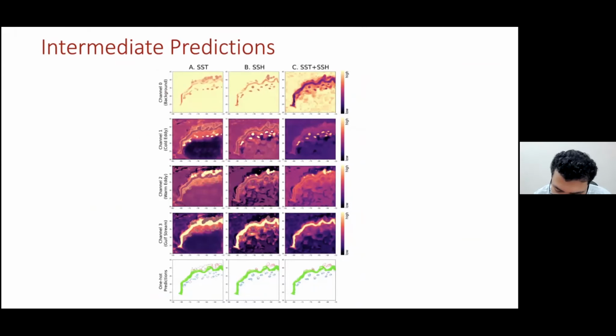If I just use the SST, it is getting the Gulf Stream right, but the eddies it's missing. If I just use the SSH, it is getting the eddies, but the Gulf Stream's meanders are somewhat missing. And if I combine these two together, all of these get really picked up, and across the different channels of the outcome in the intermediate layers, you can really see which layer is learning what feature. So it's really powerful to understand that.